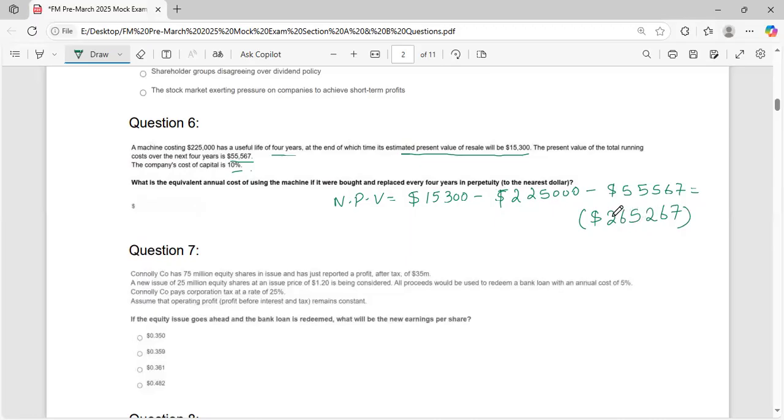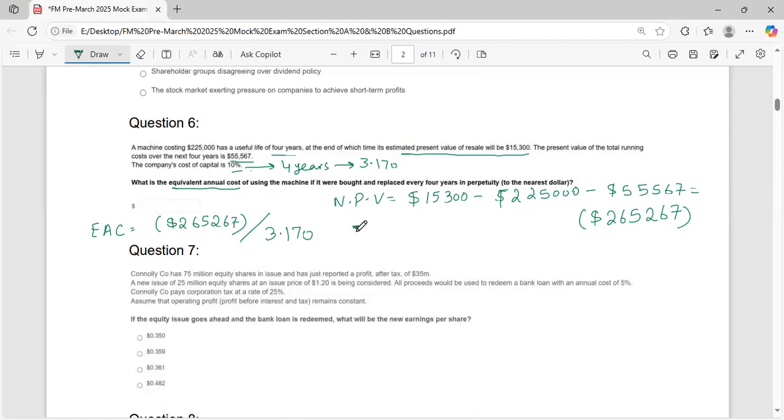Now we need to calculate our equivalent annual cost. Equivalent annual cost means what? It can be called the average cost per year, where net present value is divided by the annuity factor at the given cost of capital for the given years. 10% is the cost of capital, 4 years is the useful life, and the annuity factor for 4 years is 3.170.